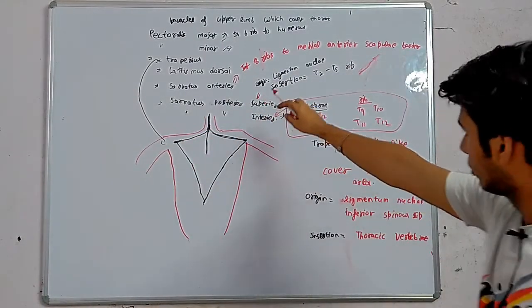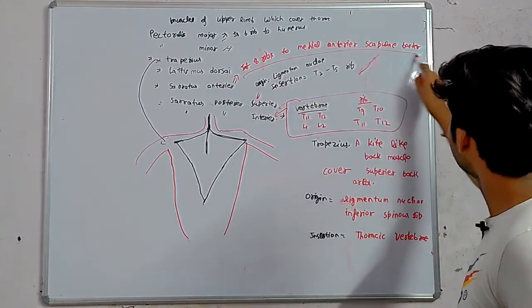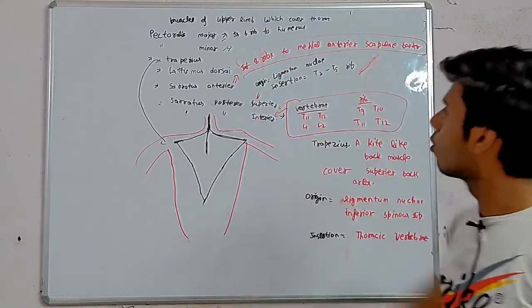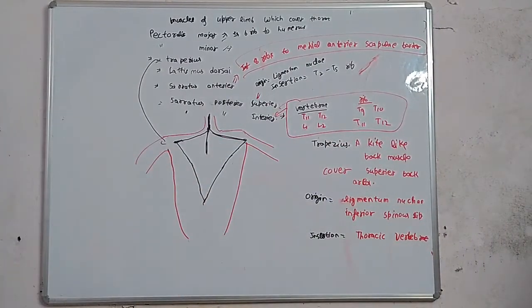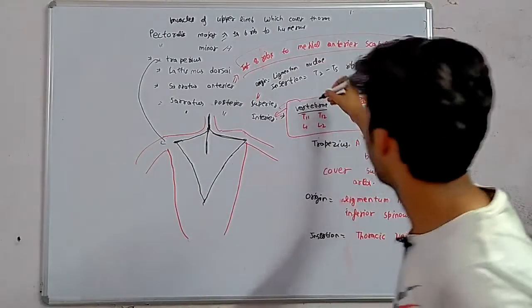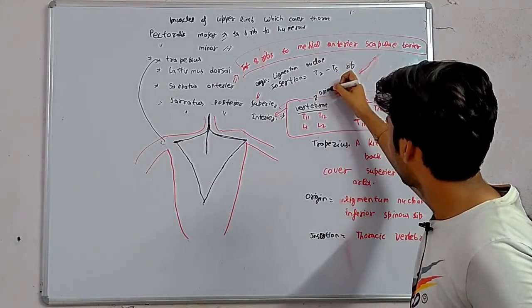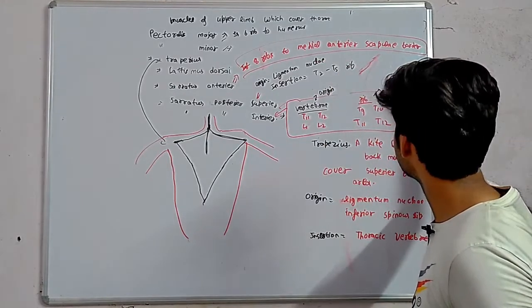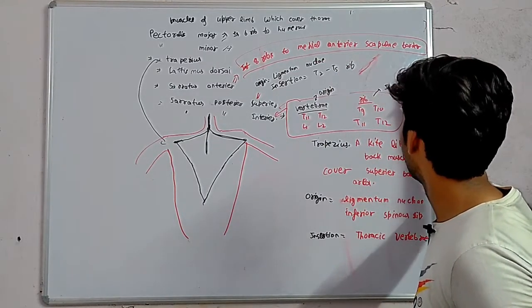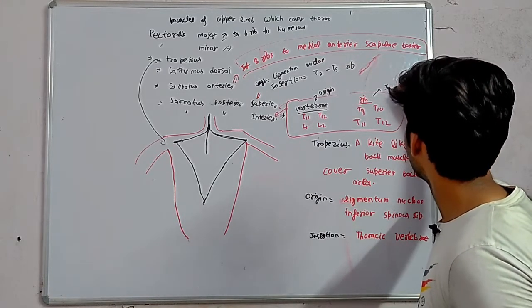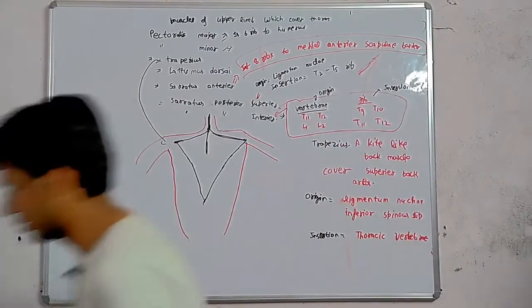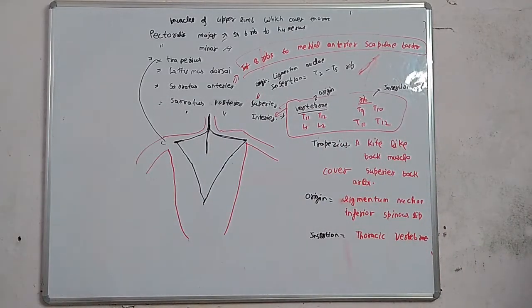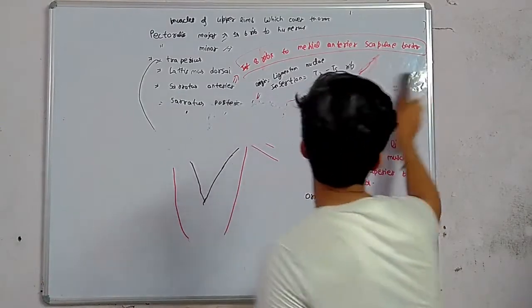Serratus anterior, we know this is the main line. So we have covered all the extrinsic muscles of the thorax. Done. You can take a screenshot. Note the important point: this is the origin of serratus posterior inferior, and this is the insertion. Done. So note this. Now move to the other things.